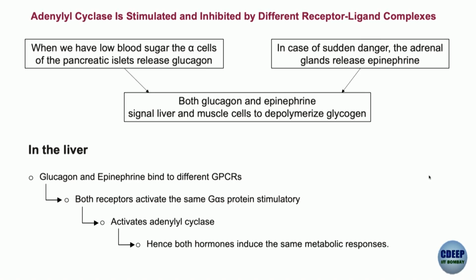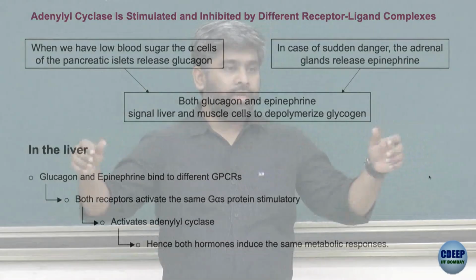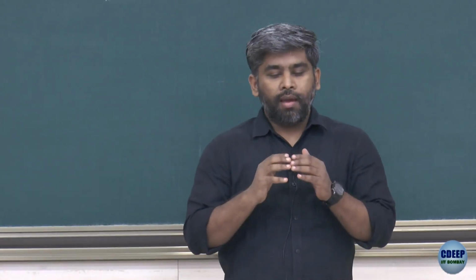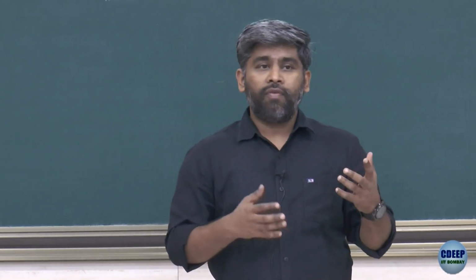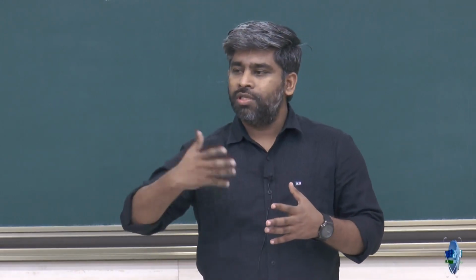This adenylyl cyclase will induce cyclic AMP, and then cyclic AMP will give some metabolic response, whatever is expected out of that. So this is one example where two different receptors activated by different ligands activate the same G alpha S. G alpha S is stimulatory, so it is mostly going to do stimulation.